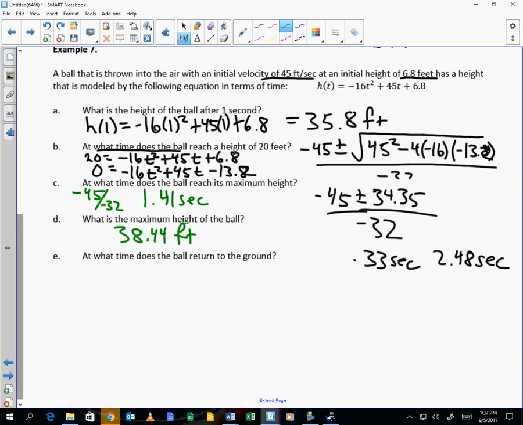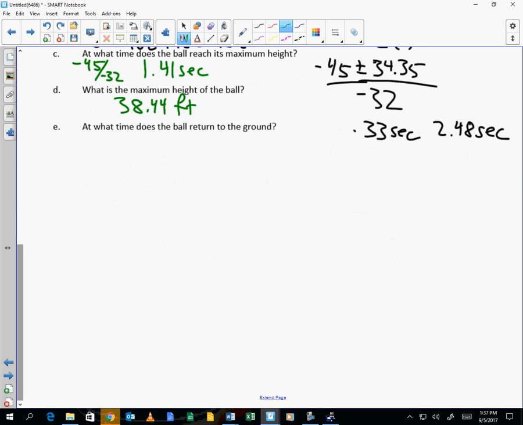Last question. What time is it when the ball hits the ground? What do I do there? The height is 0. Well, how do I do that? Quadratic formula.